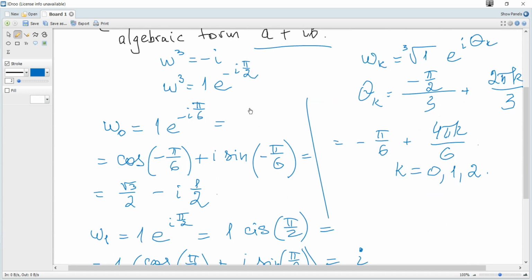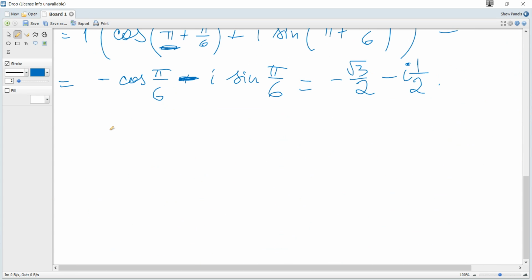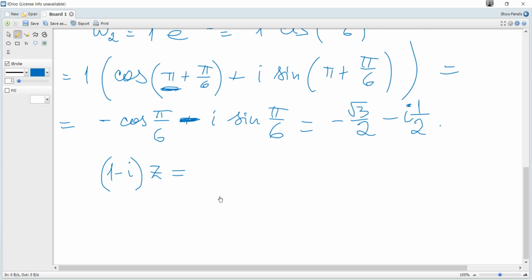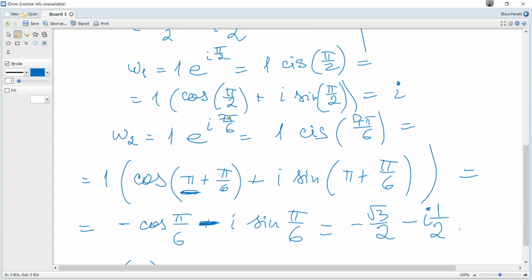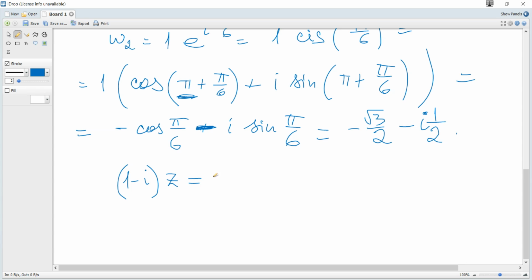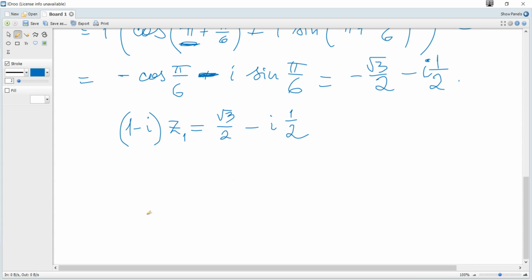So we can write that 1 minus i z is equal to root 3 over 2 minus i times a half. It's the first possible solution.